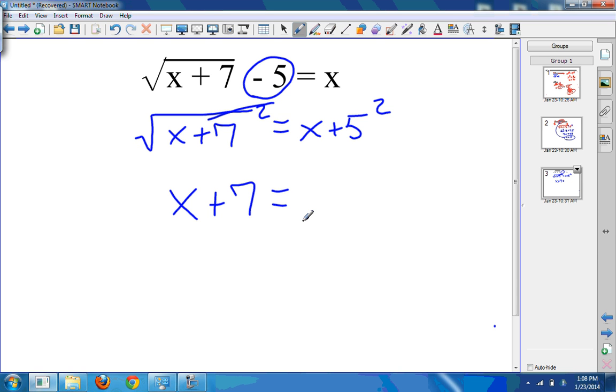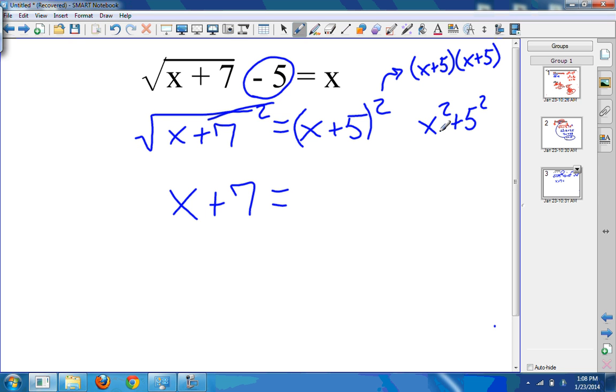If you write x squared plus 5 squared, that's going to be wrong. We need to square this whole side. What we're doing is x plus 5 to the second power is x plus 5 times x plus 5. Alright? Not x squared plus 5 squared. It's not going to give us the same answer.